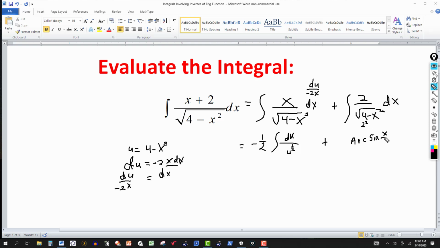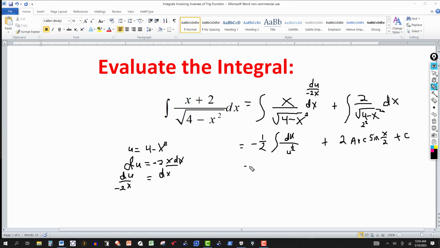The 2 is a constant, so it comes along for the ride over here, that'll be a 2 there, plus the constant of integration.